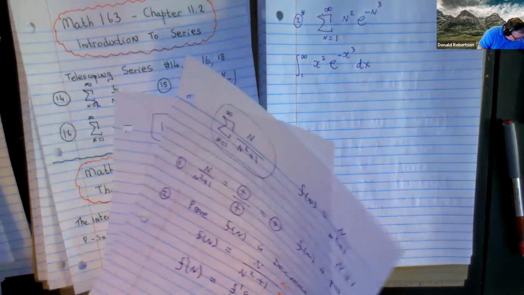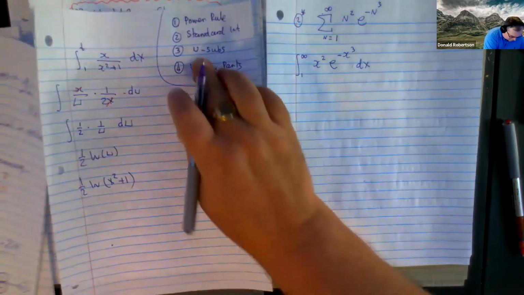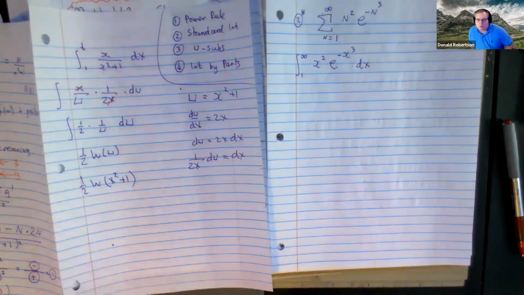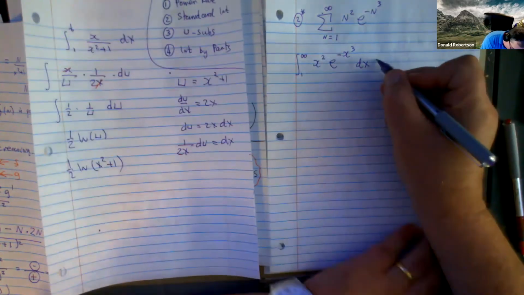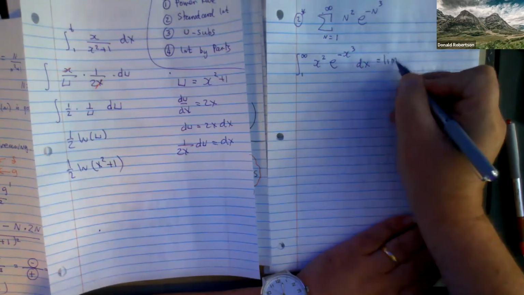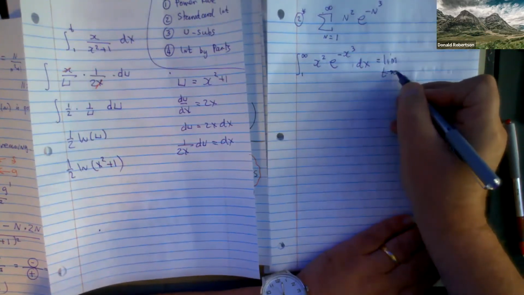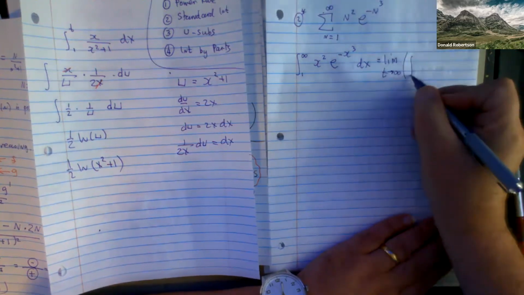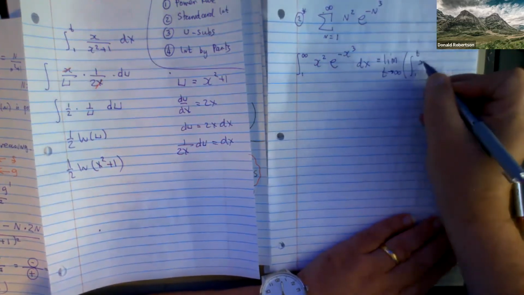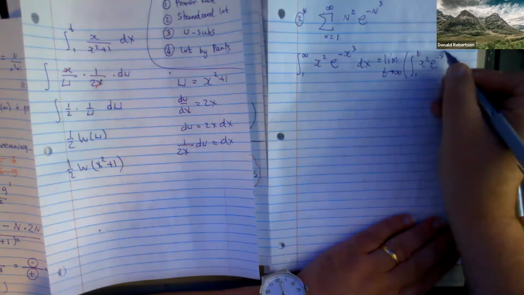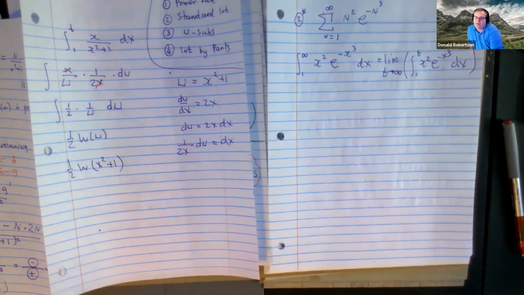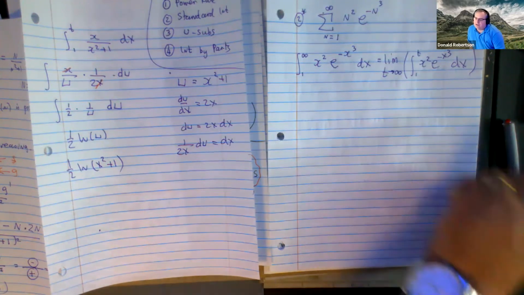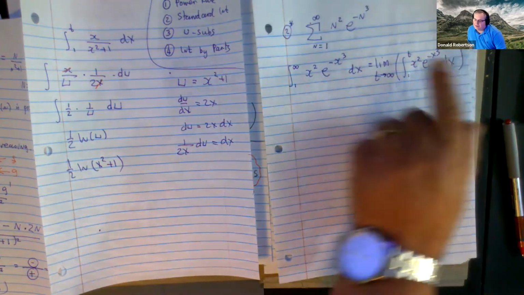From this list here, what method will we use to find this integral? Integration by parts. It looks like it, and very often it is, but in this case, it's not. If that had been e to the negative x, it would have been.